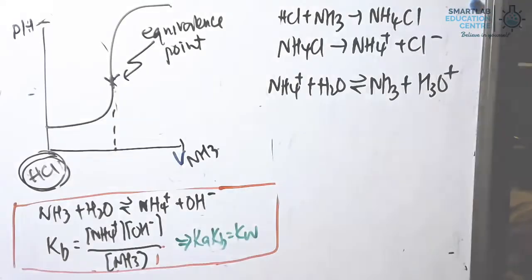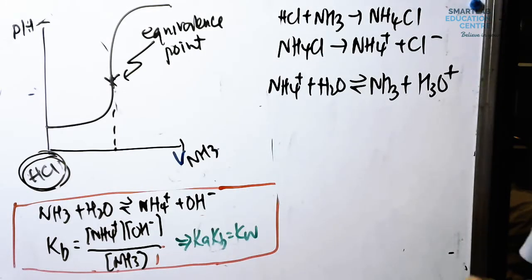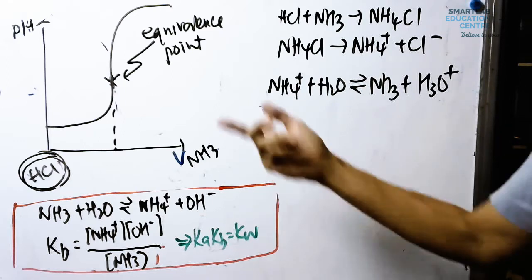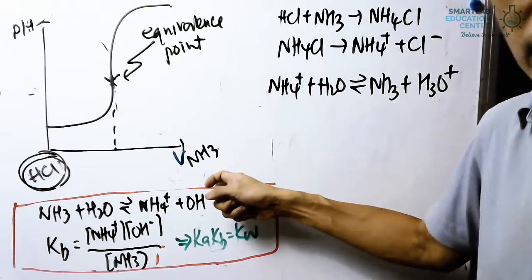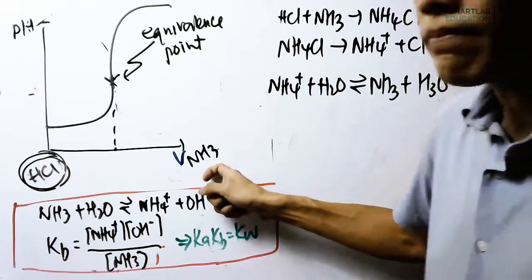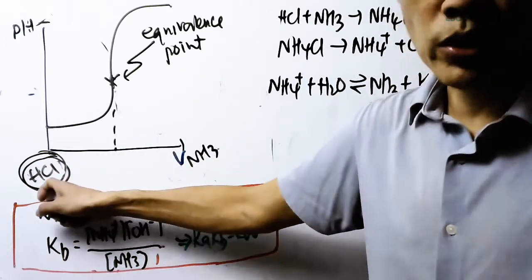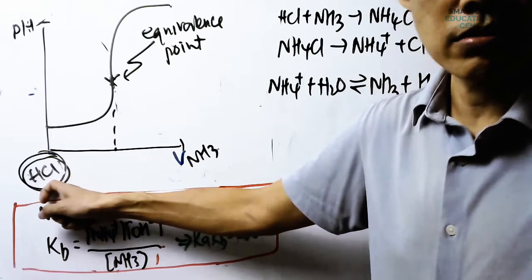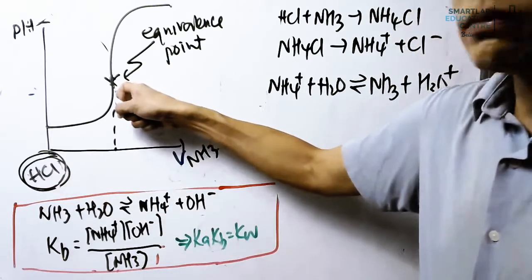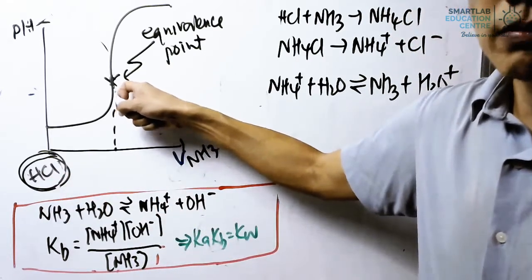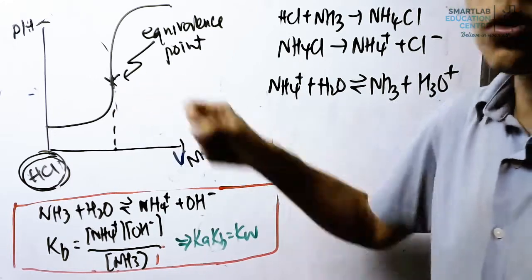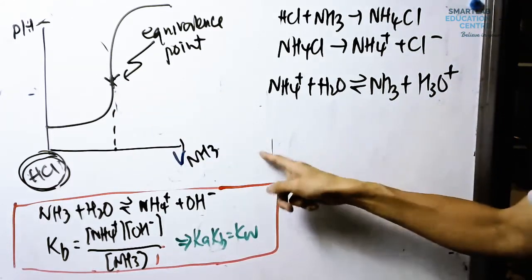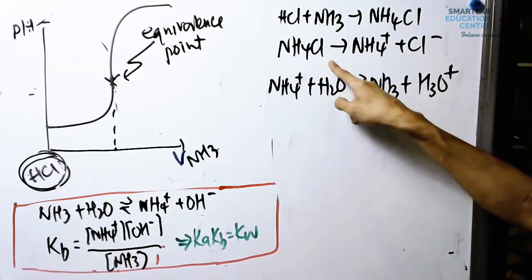Let's now take a look at the calculations for an acidic salt that's produced from a weak base. For example, ammonia is used to react with HCl inside the conical flask. At the equivalence point, the pH will be less than 7 because the salt that is produced is ammonium chloride.